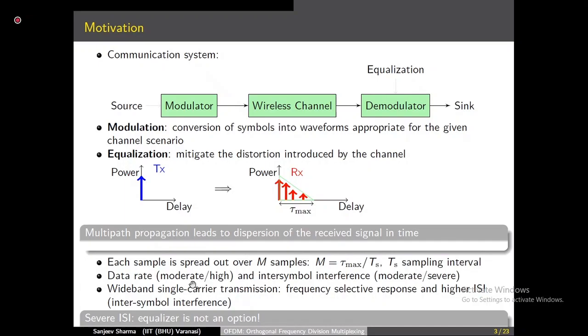Okay, so if the data rate is high, then intersymbol interference is also high. Why? Because high data rate means the frame duration is small, so that will result in severe ISI. You can understand it this way.